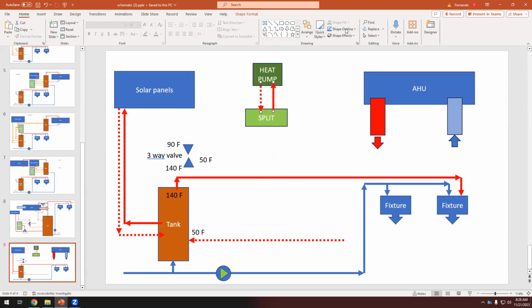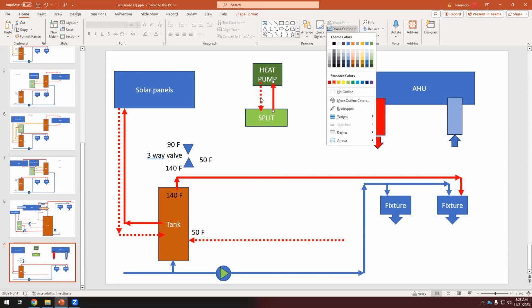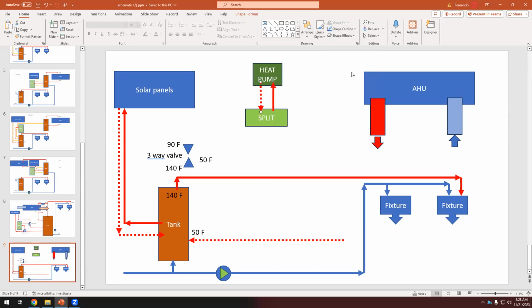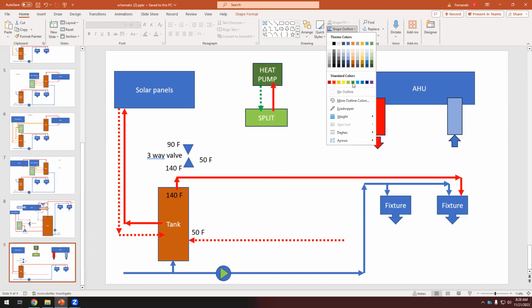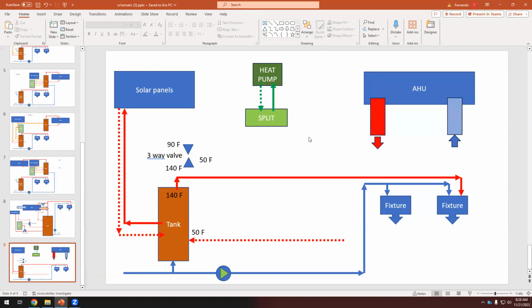And I'm going to turn it green. There you go. Okay, so we have split units and this.